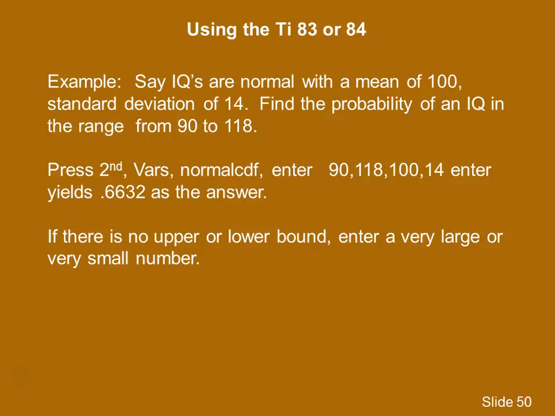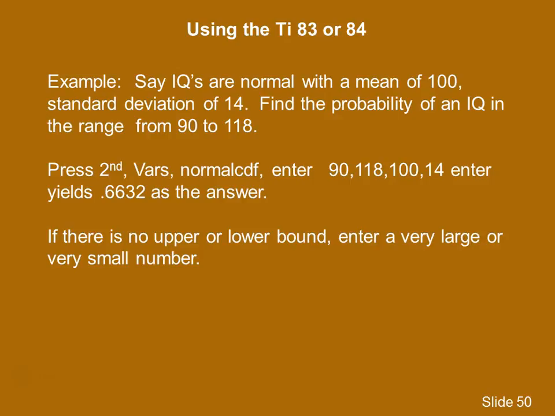Press your enter button. By the way, remember, do not put a comma after the fourth entry. After the 14, do not put a comma or you'll get an error message. So 90, comma, 118, comma, 100, comma, 14. Hit enter. You should get a probability of 0.6632.